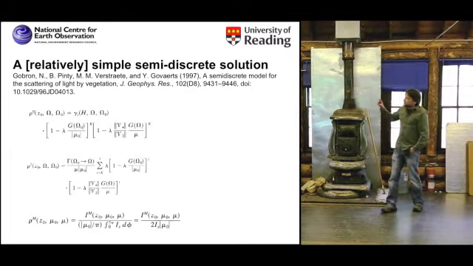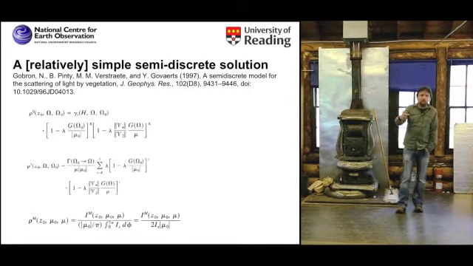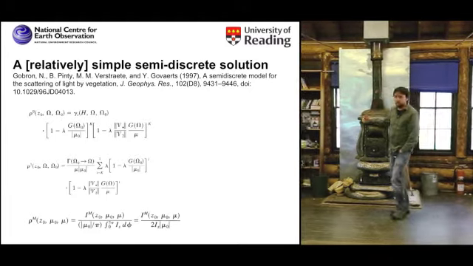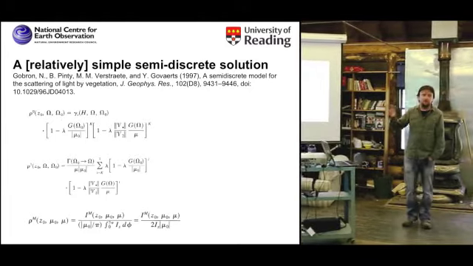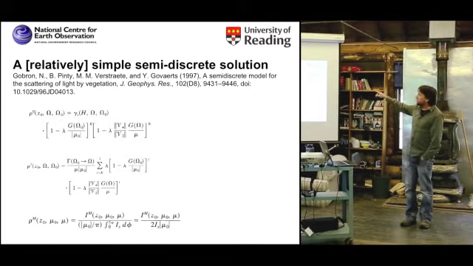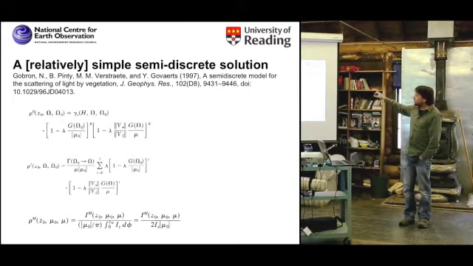And it's the reason why I select this is A, because it's relatively simple, and B, because it uses that breakdown of the energy budget that I just described. I'm not going to go into details, we're not going to derive any of this, but that paper is there if anybody wants to follow this up. I suggest that paper is an excellent place to start.